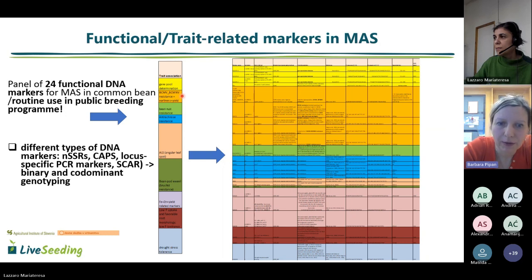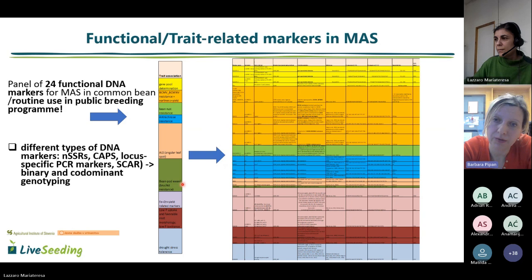Then we continue with 5 markers which are associated with bean common necrosis mosaic virus resistance and earliness and yield. Then we have 1 marker for bean rust resistance, 4 markers for anthracnose resistance, 2 markers for angular leaf spot, and 1 marker for bruchid resistance, which is indirectly associated with the trypsin inhibitor content.